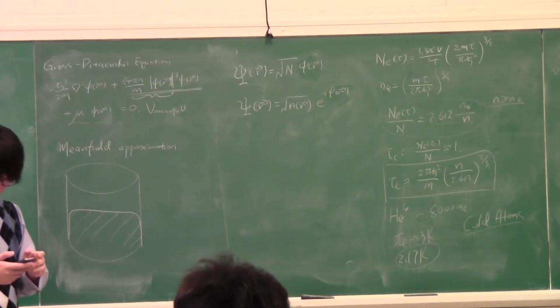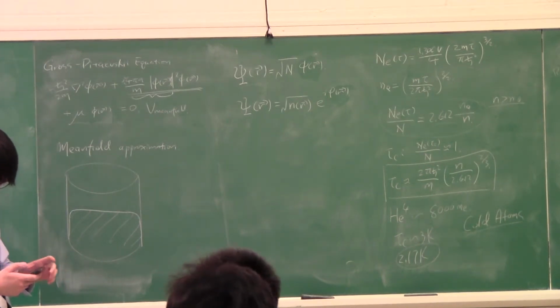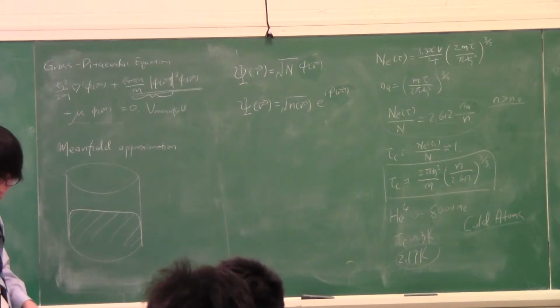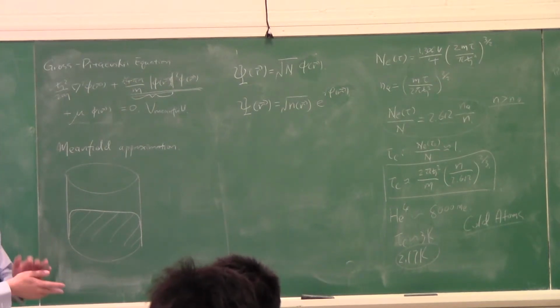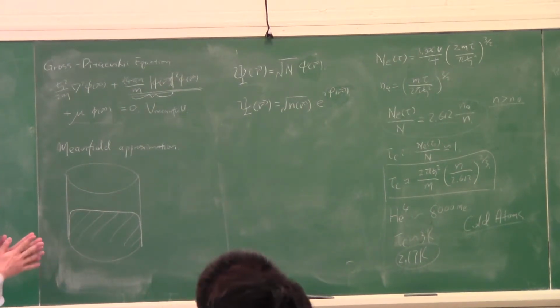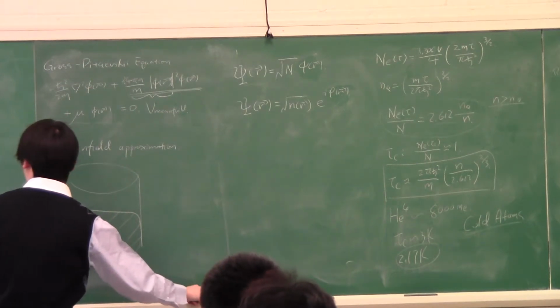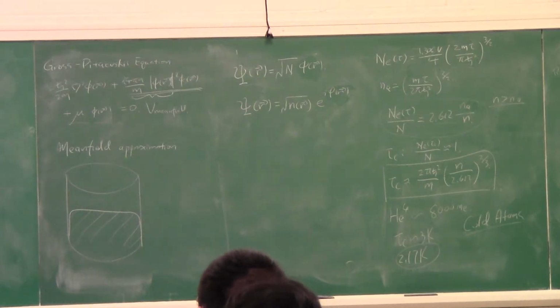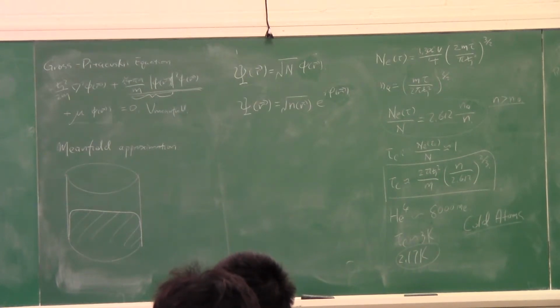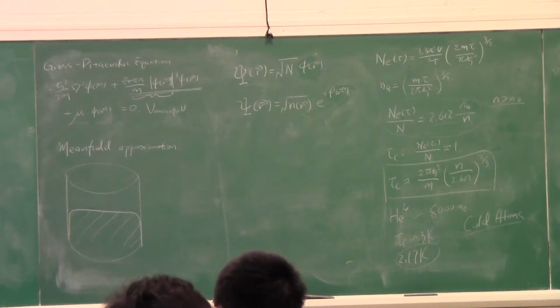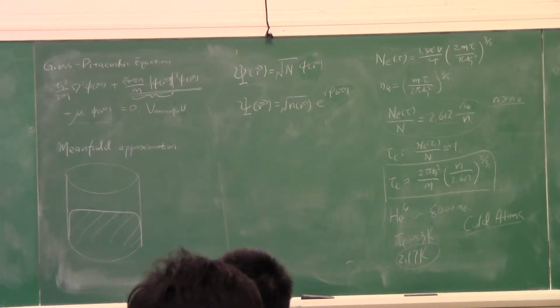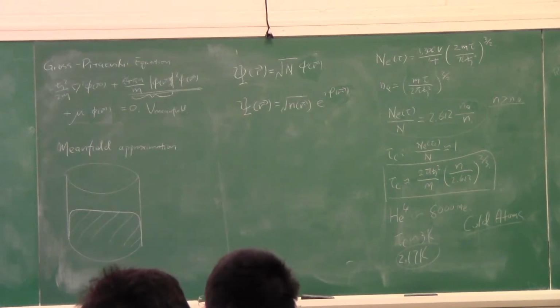Well, you were asking. It can be shown, but not very easily, that a collection of bosons is the same as a harmonic oscillator.